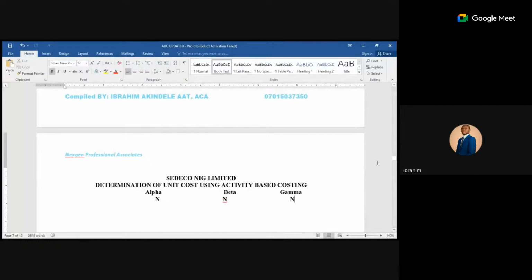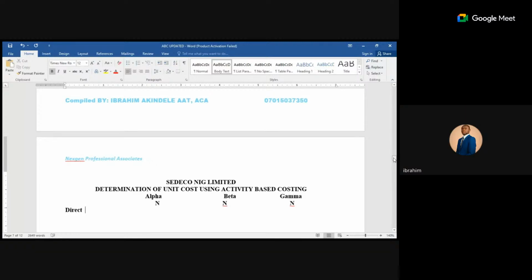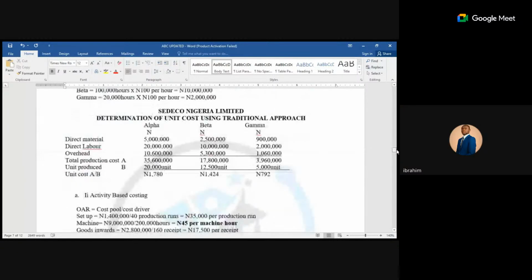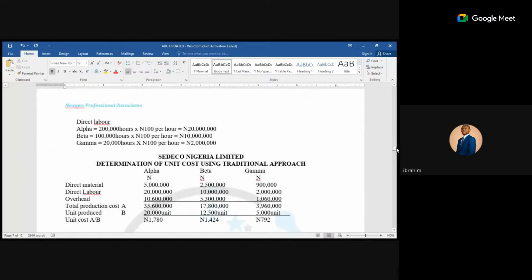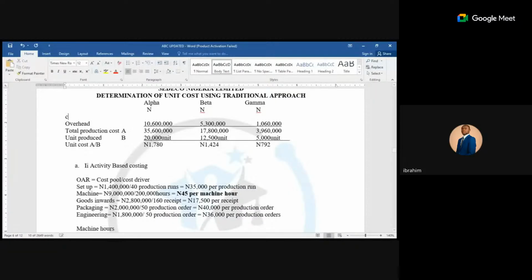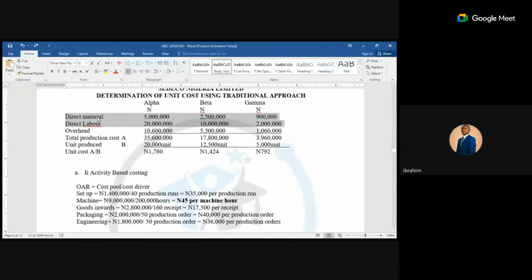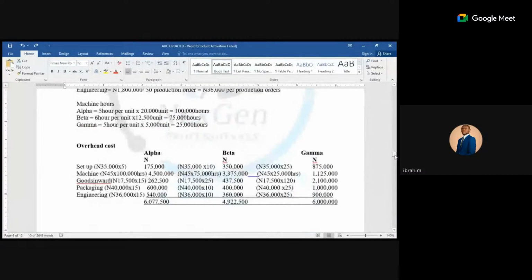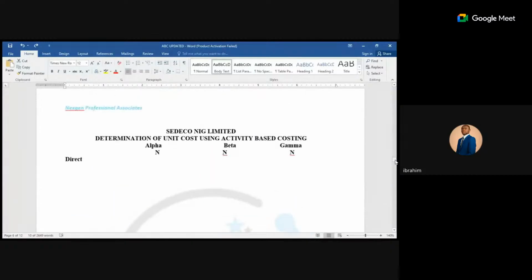Your indirect is overhead. So let's start from the direct. We already have the direct material and direct labor. We've done that before, so I will just copy the one we used under the traditional approach. The only difference is the overhead, because they have different bases of absorbing their overhead.